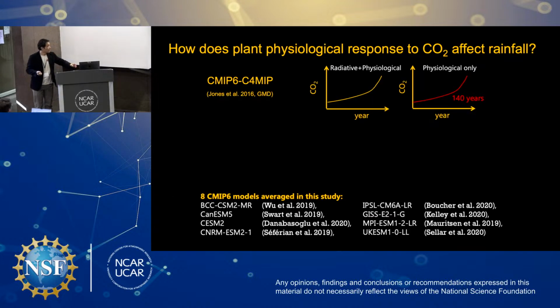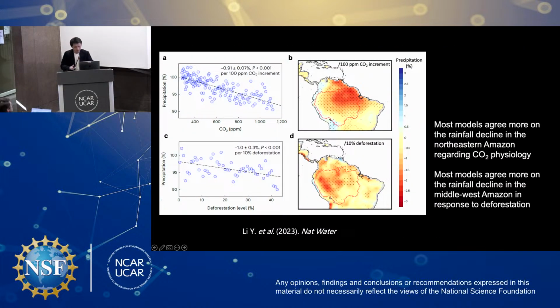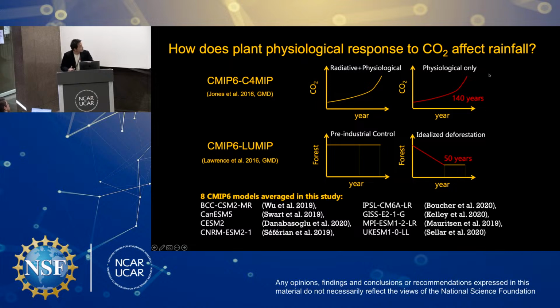So for this work, we are trying to integrate the different CMIP6 sub-MIPs, like C4MIP. We are talking about the CO2 radiative effects and also the physiological effects. I'm trying to use one of them, okay, here we go.